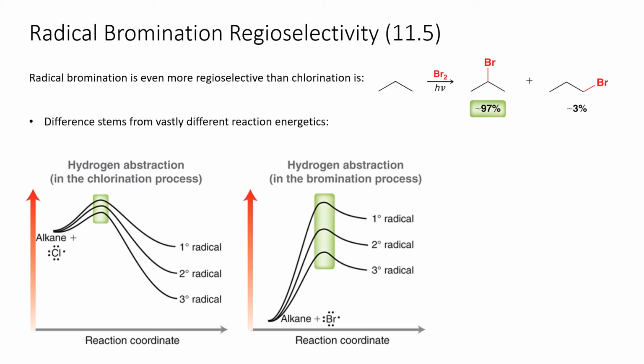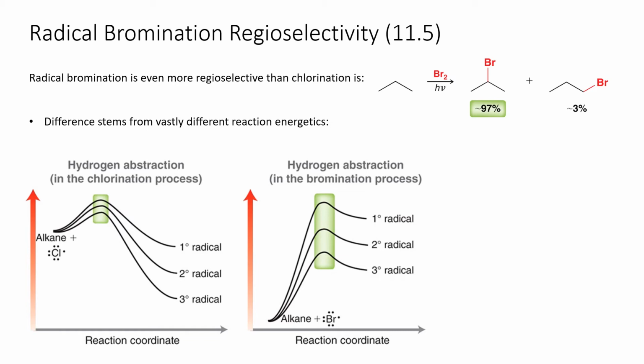However, let's compare. When we look at the hydrogen abstraction in the bromination process, we see that this is an endothermic process. We see there's a big energy difference between a tertiary radical, a secondary radical, and a primary radical. So we recall here that the lower the activation energy, the faster this process.